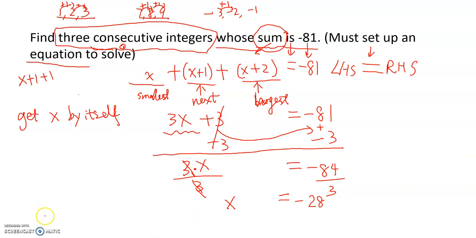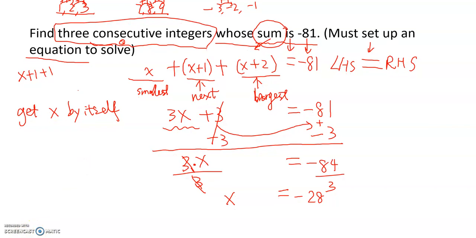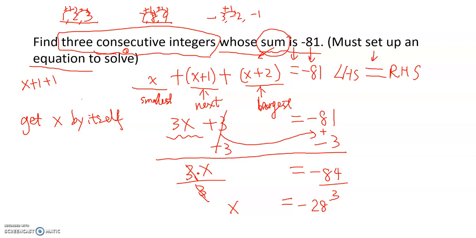So the 3 consecutive integers will be, let me use a different color for that. The first one will be negative 28. The second one, we add 1 to it, so that would be negative 27. And when we add another one, that gives us negative 26. So the answers are negative 28, negative 27, and negative 26.